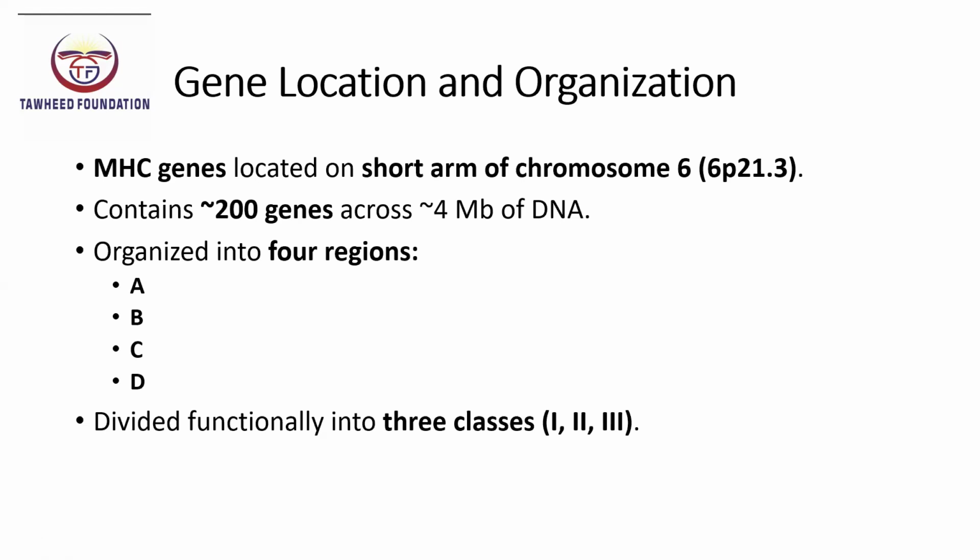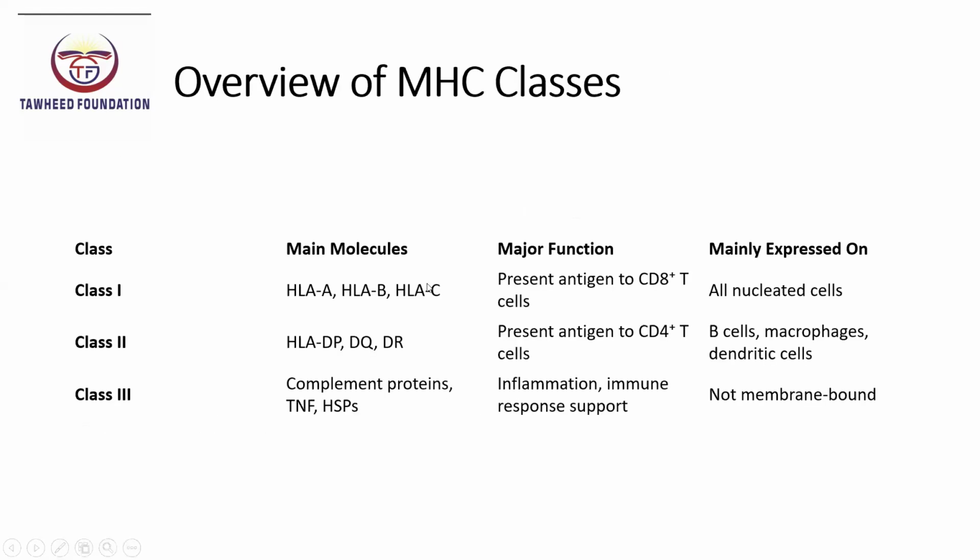Next is overview of MHC classes. MHC molecules are categorized into 3 classes: class 1, class 2, and class 3. Class 1, HLA-A, B, and C, present endogenous antigens to CD8 plus cytotoxic T cells and are expressed on all nucleated cells.